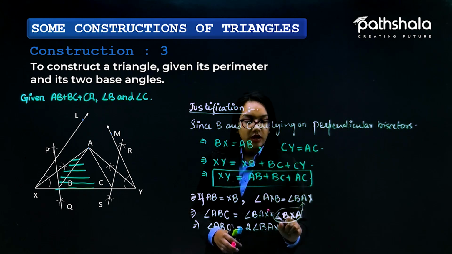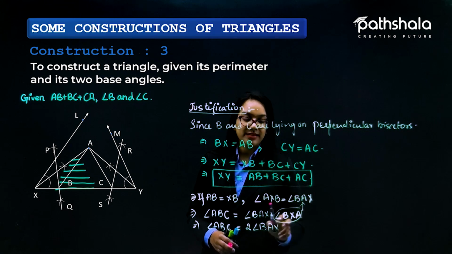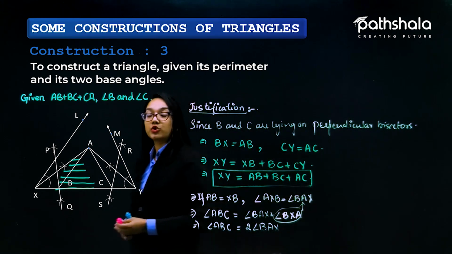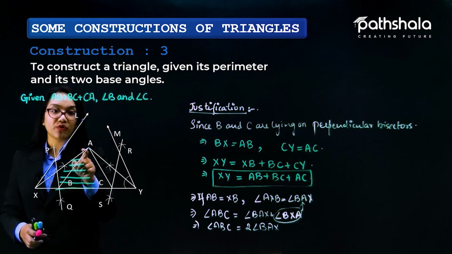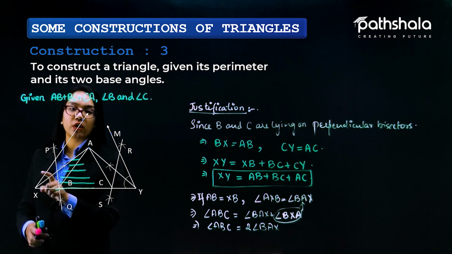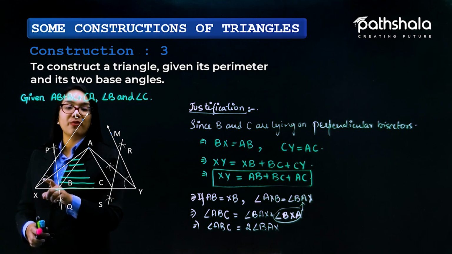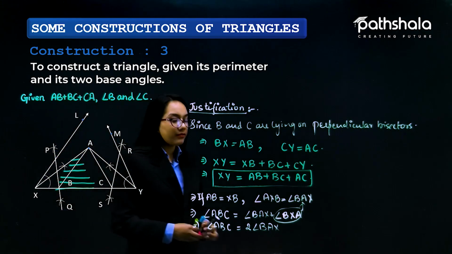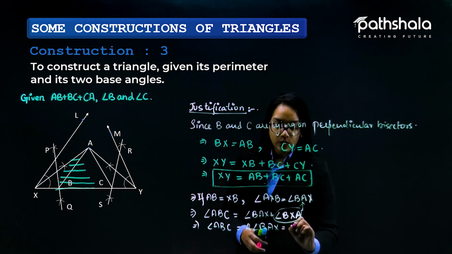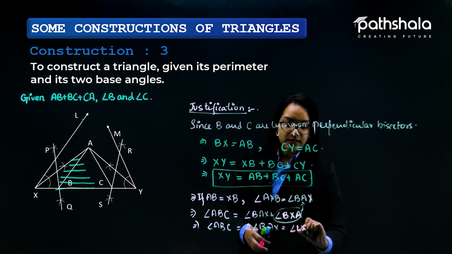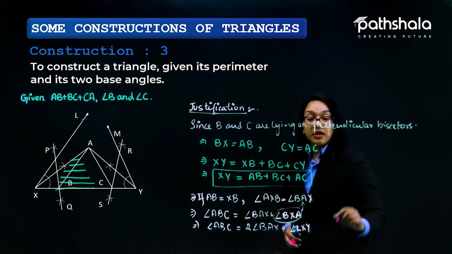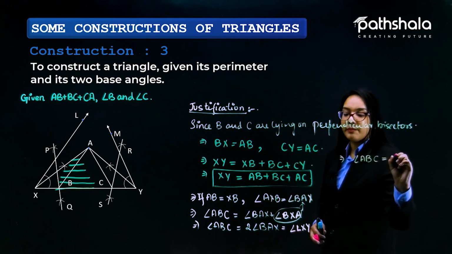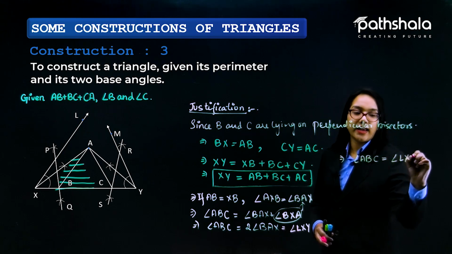So this would be twice BAX. Twice BAX means the whole angle, which is LXY. So at the end we have proved that the angle ABC is equal to the angle LXY.